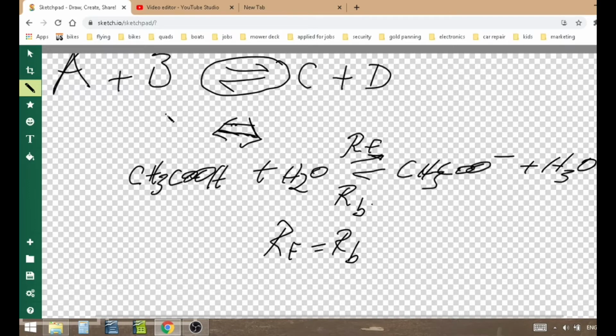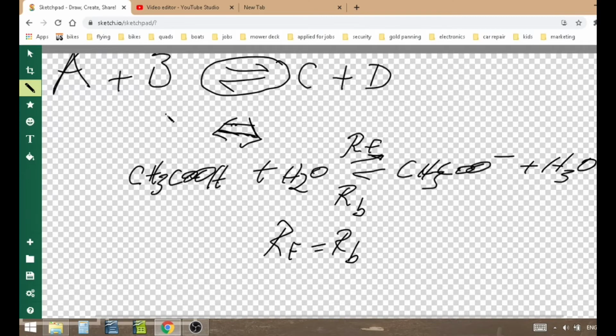It's dynamic. That is, although the concentrations remain constant once equilibrium is reached, different molecules are reacting with each other all the time. So if we were able to somehow track one particular acetate ion in solution, we'd see that sometimes that acetate ion is not an acetate ion, it's an acetic acid molecule because it picked up a proton.